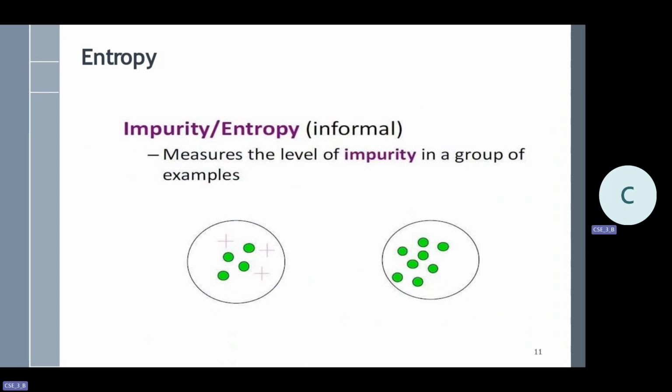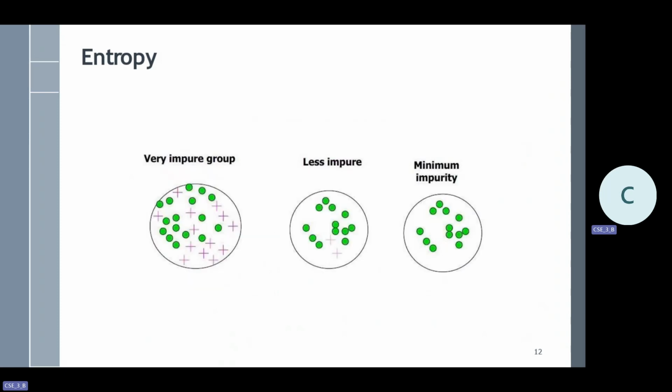Let us first understand what we mean by entropy. Entropy measures the level of impurity in a group of examples. We can see here a very impure group, that is the data set collection, and a less impure one with the minimum impurity.